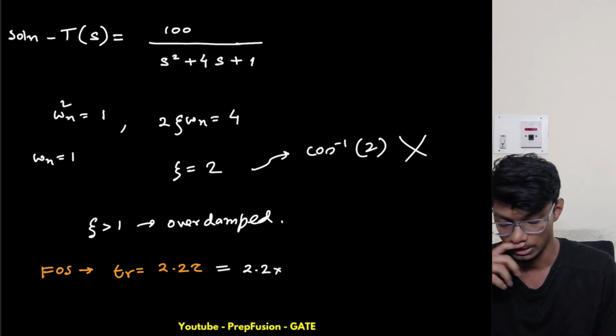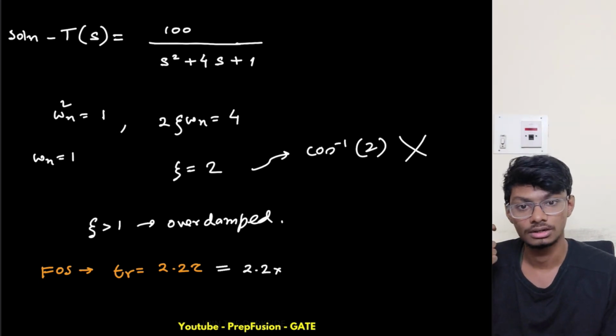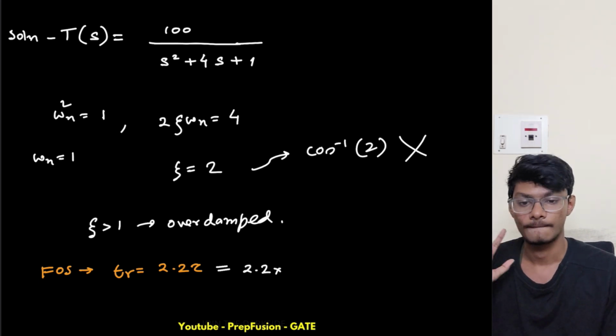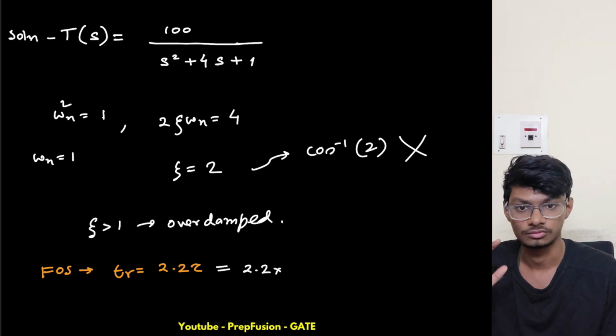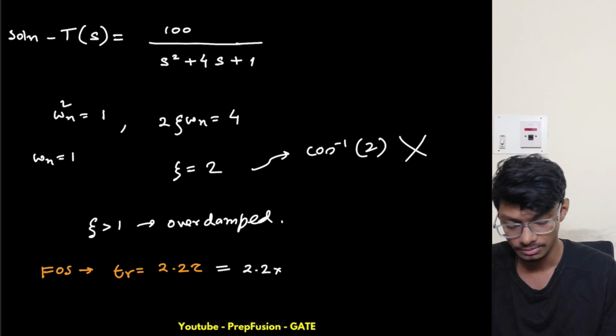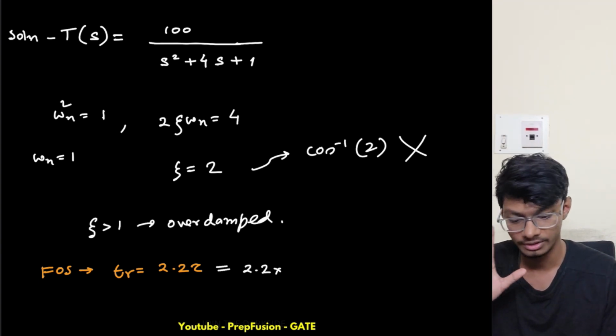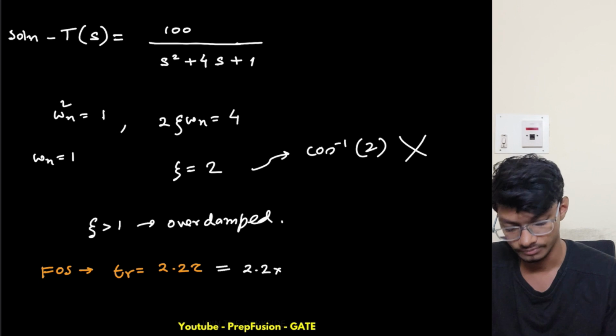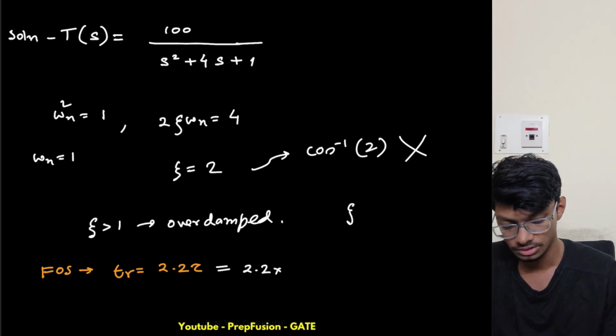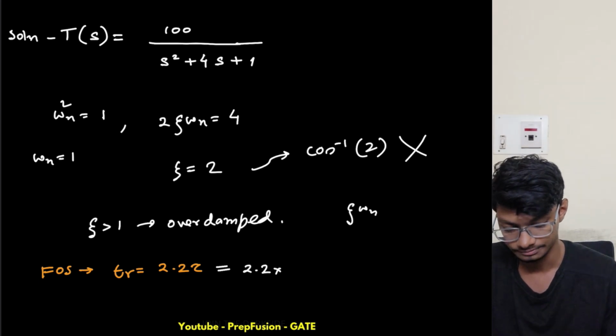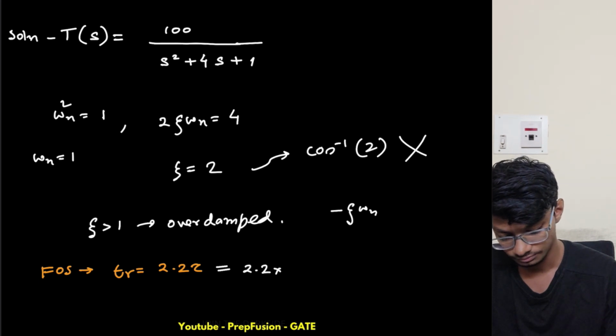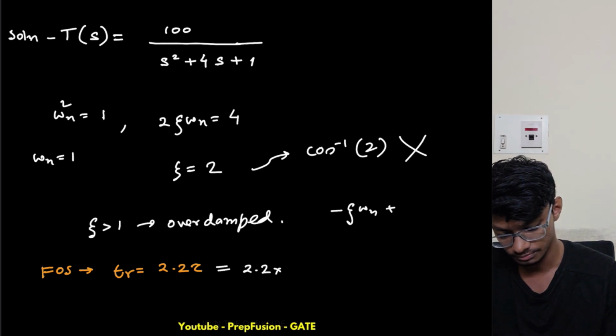Now what is tau? Tau is basically the inverse of the root, right? But for the overdamped system, what was the root? These few things you have to keep in mind. I hope you remember a bit of it. So I had 2 roots, right? Let me write this. My roots were minus zeta omega n plus under root, omega n comes outside, omega n times square root of zeta square minus 1.